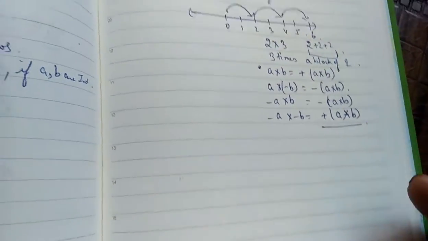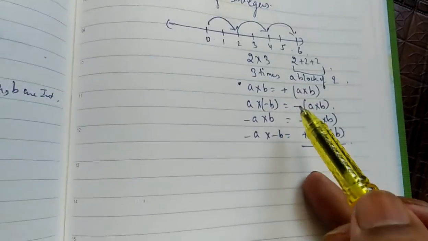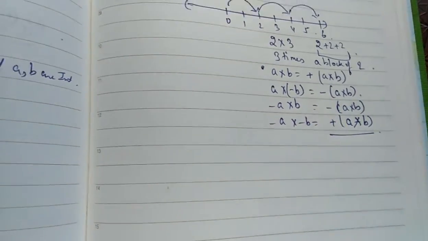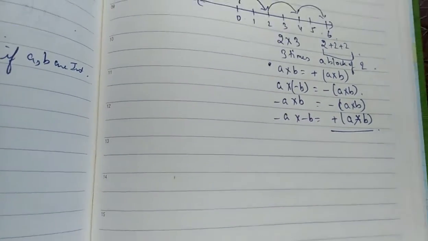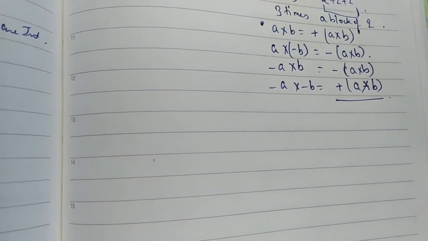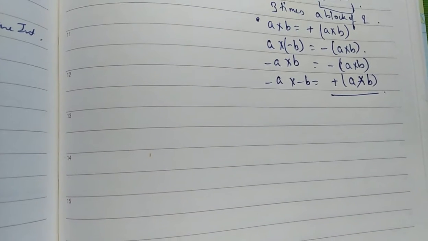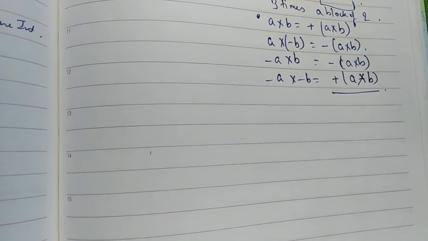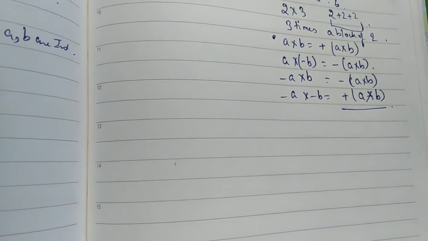Understand, if any of the integers is negative and the other one is positive, the product will be negative. That is simple enough. There is nothing special about multiplication of integers if you understand these four rules.